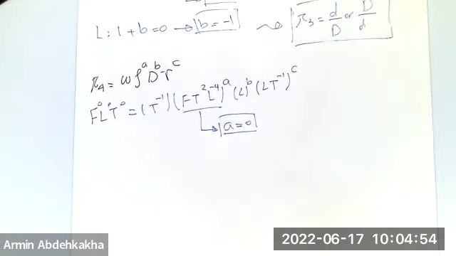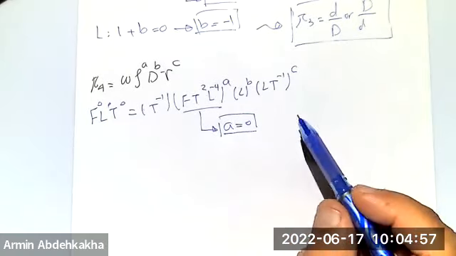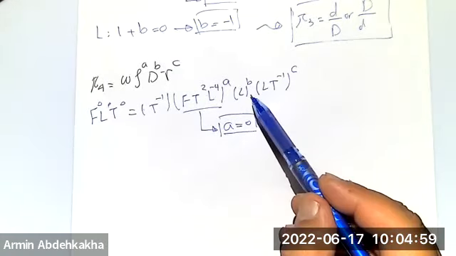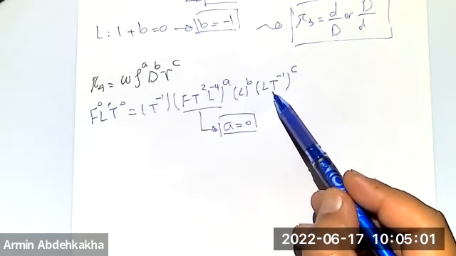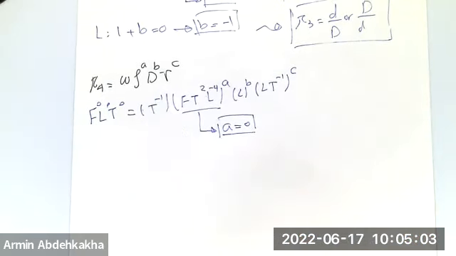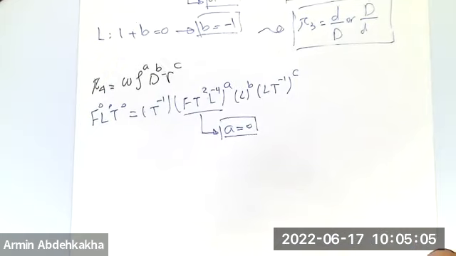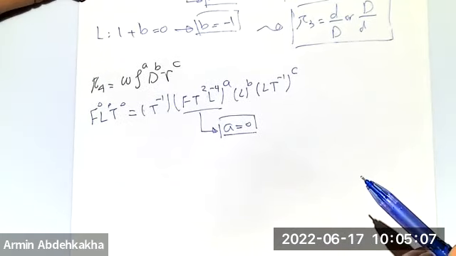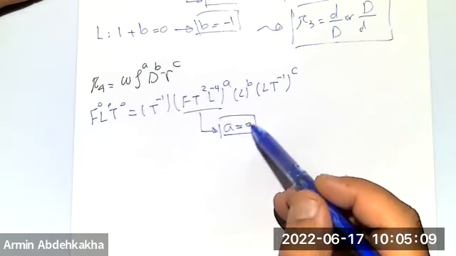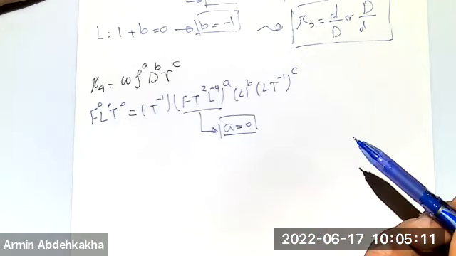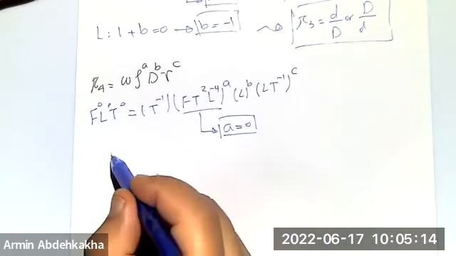But now you have a term with L, a term with L and T, and you have T. Then you cannot say that all a, b, and c should be 0. You don't need to calculate a, right? So just two equations are enough.